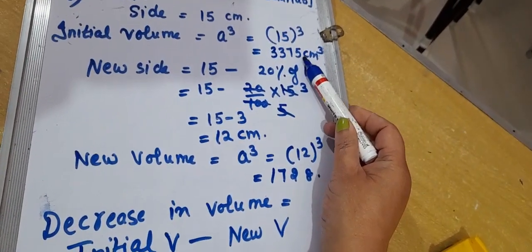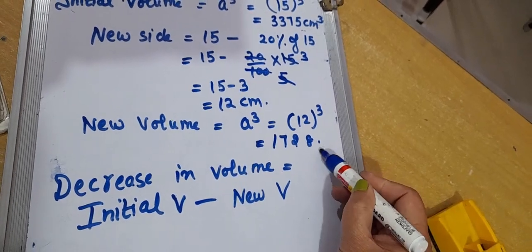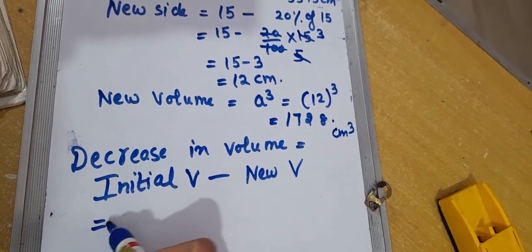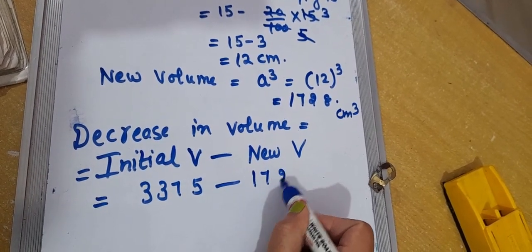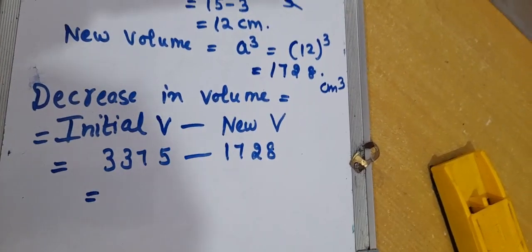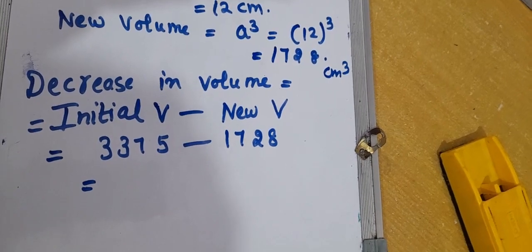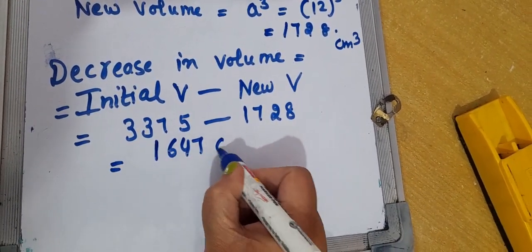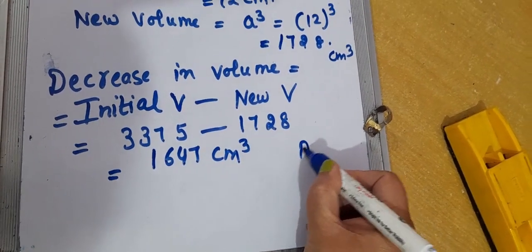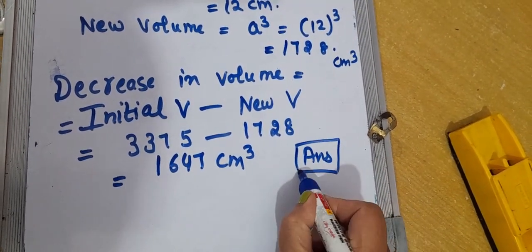Initial volume is 3375 and the new one is 1728. Subtract it: 3375 minus 1728 gives 1647 centimeter cube. This is your answer for question number 16.